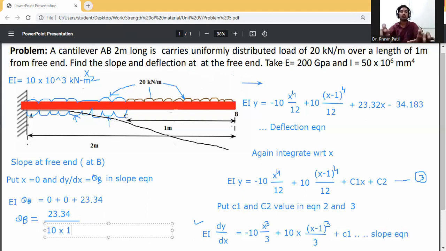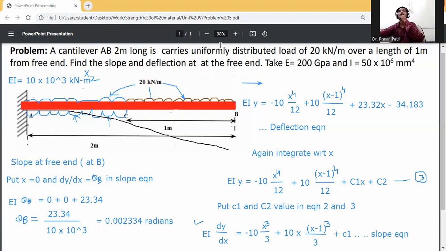So theta B is 23.34 divided by 10 into 10 raised to power 3, which is 0.002334 radians. So this is the slope at B.